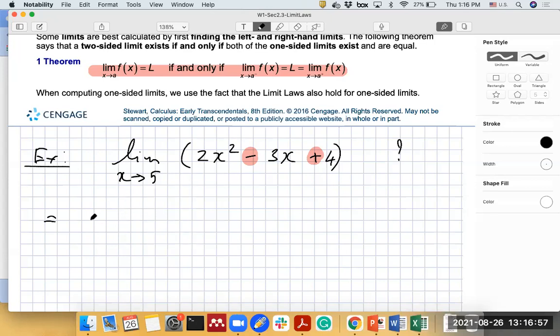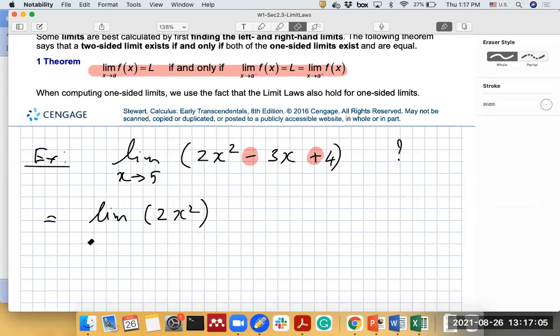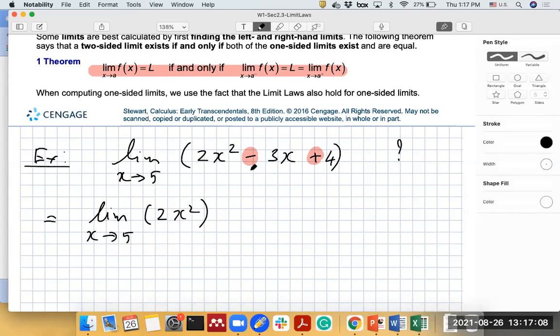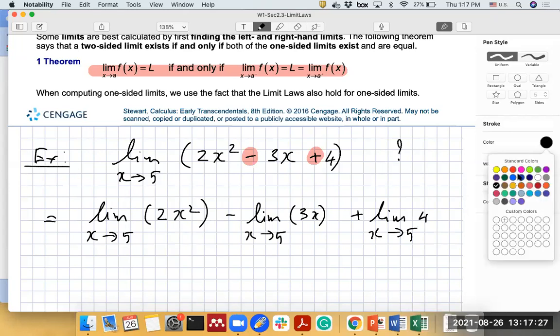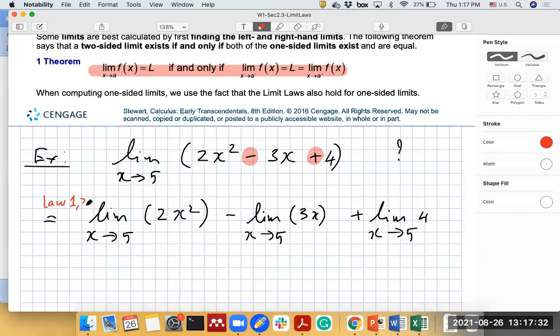Then it means that it is the limit of the first term, 2x squared, when x approaches 5. What is next? Very good, plus the limit of the next term. So we use laws 1 and 2. And then what should we do next?